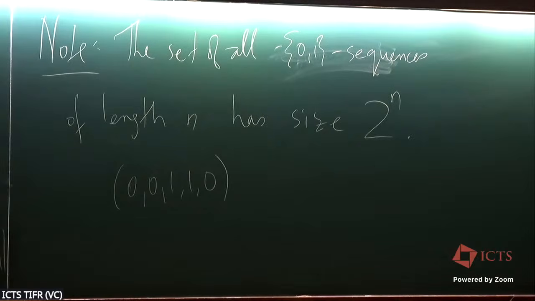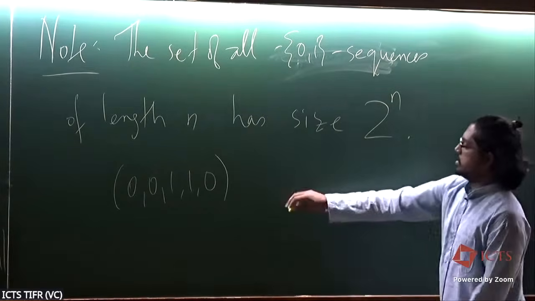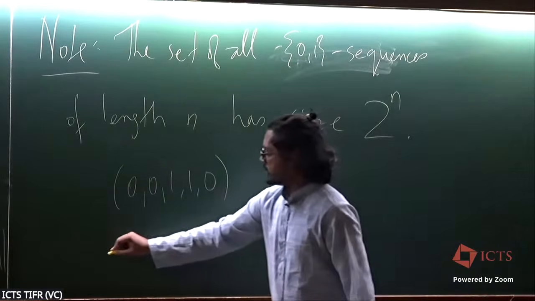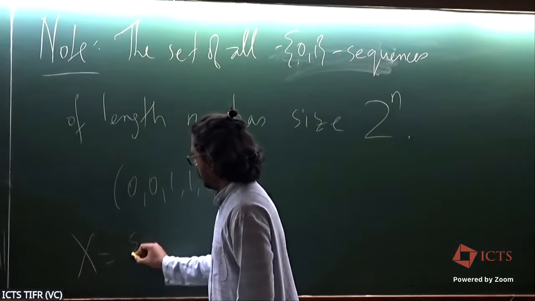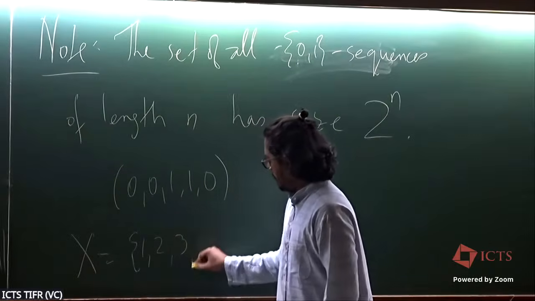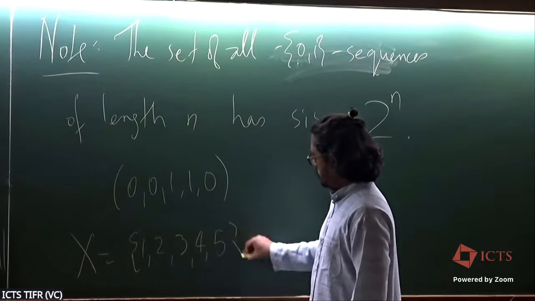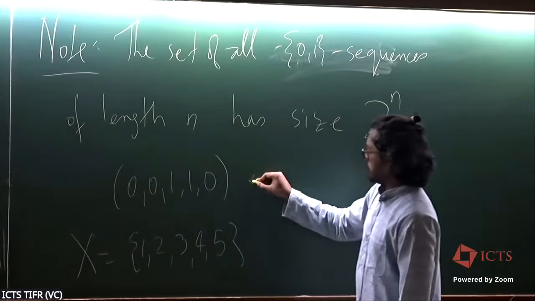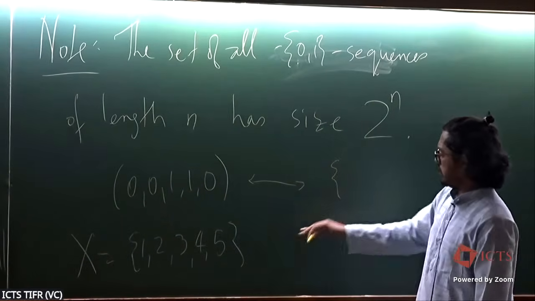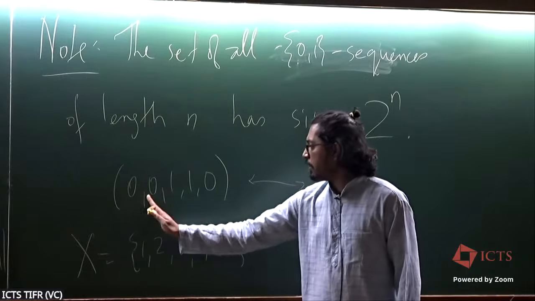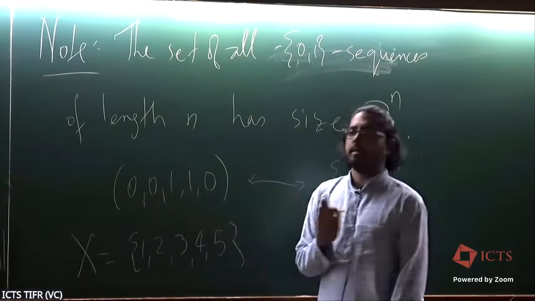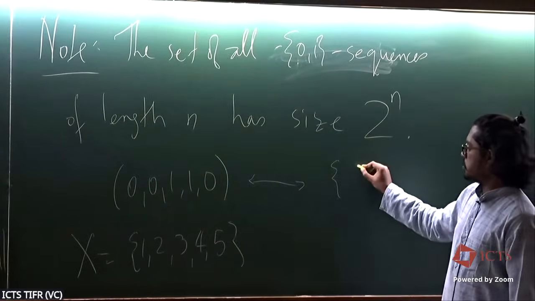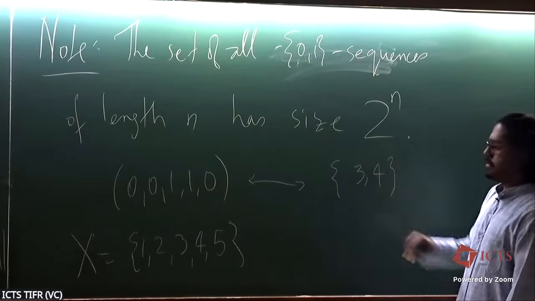Perfect. So what we can do is the following. Let's fix a set X, say X is the set 1, 2, 3, 4, 5, ordered in this fashion. If you pick the sequence, then this corresponds to the subset where I have not picked 1, I have not picked 2, I picked 3, I picked 4, I didn't pick 5. This corresponds to the subset 3, 4. And vice versa.